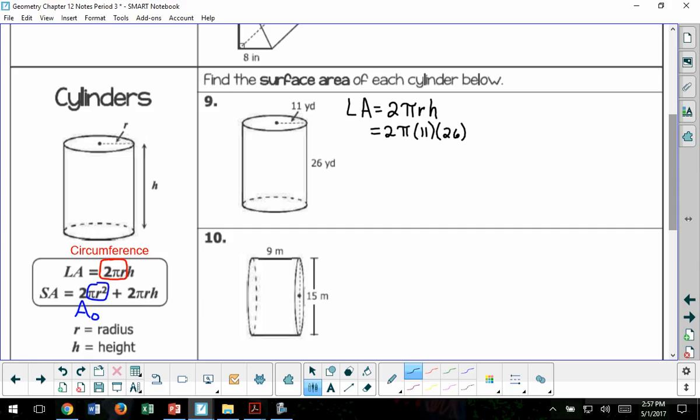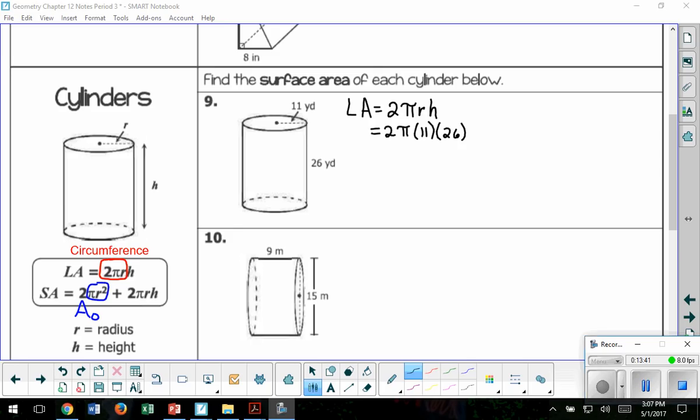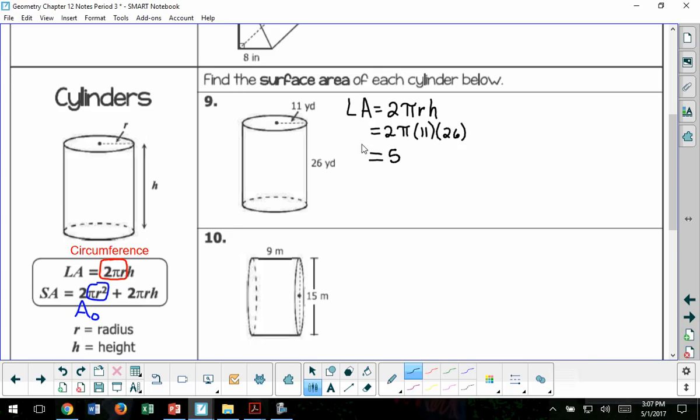Okay. So 2 times 11 times 26, 572 pi yards squared is the lateral area.